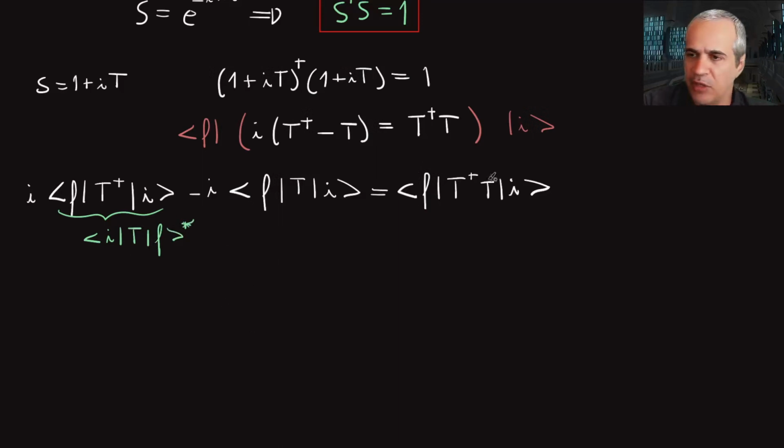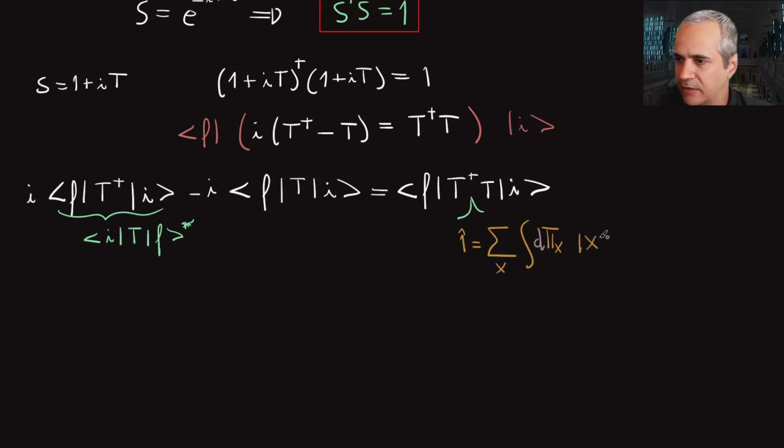And on the right side, I want to insert a identity, written in terms of a complete set of 1, 2, 3, 4 particle states. I can write that as a sum over X of some integral in momenta. I'll specify exactly what this integration measure is here.